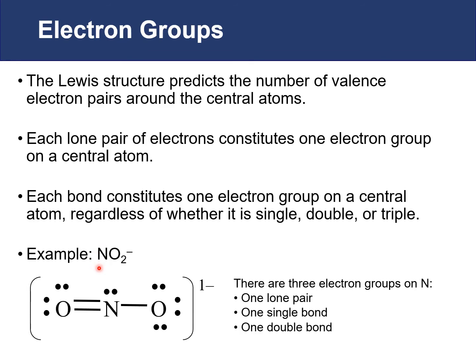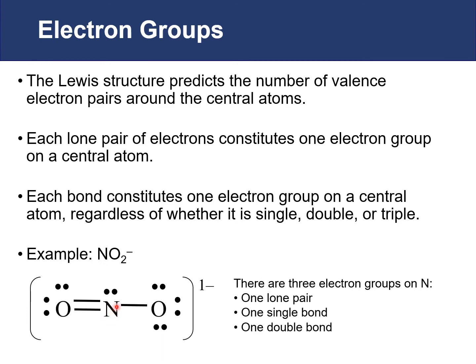So if we look at an example of NO2-, our central atom is the one that we're trying to determine the configuration of. As part of our VSEPR theory, we need to figure out how many electron groups there are. An electron group is essentially a region where we find electrons.